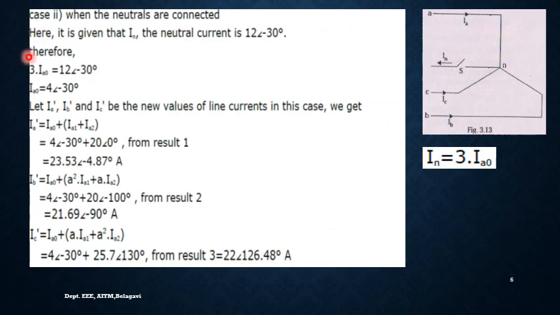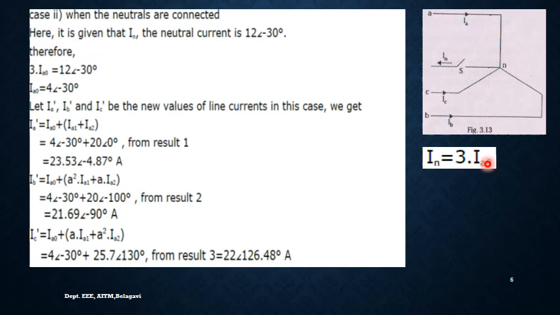After that, now let us find the line currents when the neutral is connected. Due to that, the current is given when the neutral switch is closed. Now current will start to flow through this neutral, and that value is given in the problem statement as 12 at an angle minus 30 degree. As we know, In is equal to 3 times the zero sequence component current, which we derived previously in our derivation.